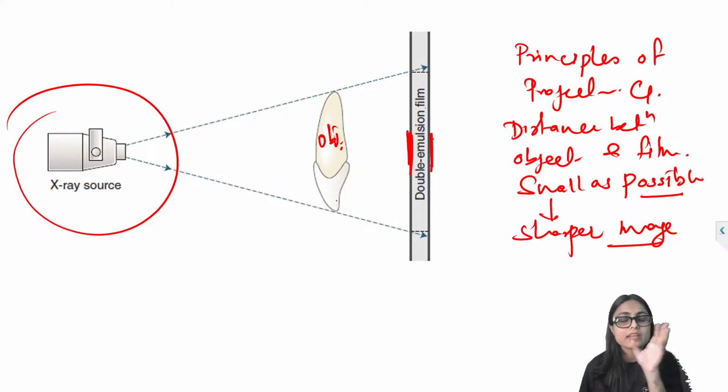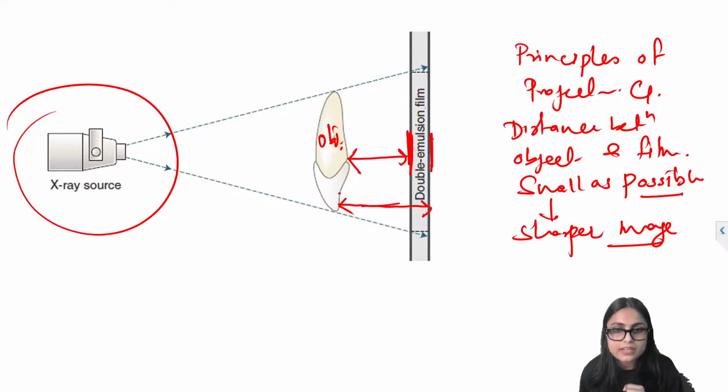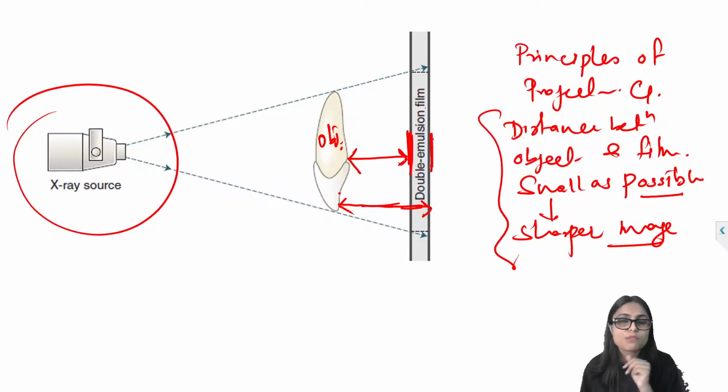So latent image will be formed on both the layers. Okay. Now, when you look at the distance between the first layer and the object, and you compare this distance with the second layer and the object, of course, the second layer is farther, correct? And what does our principle tell us? The distance should be as small as possible.